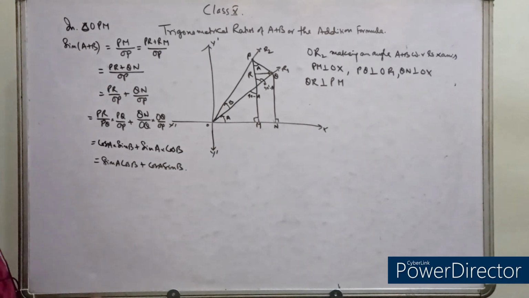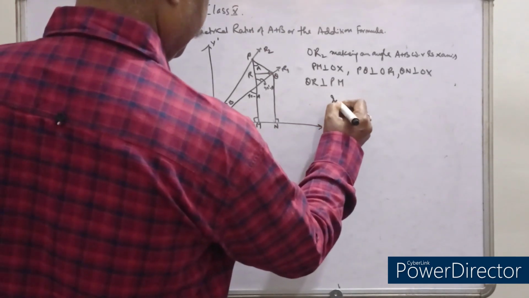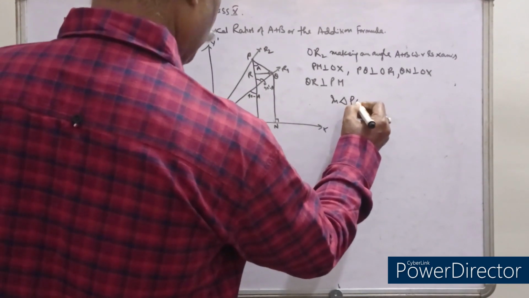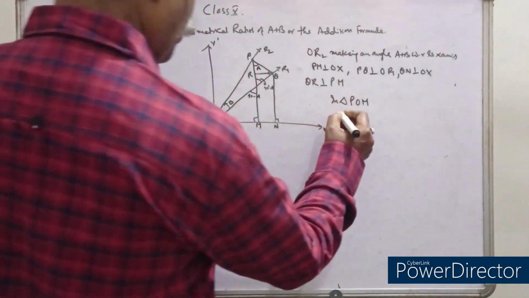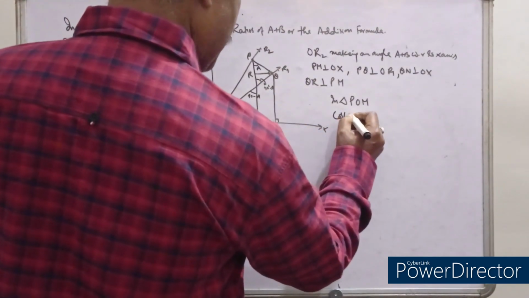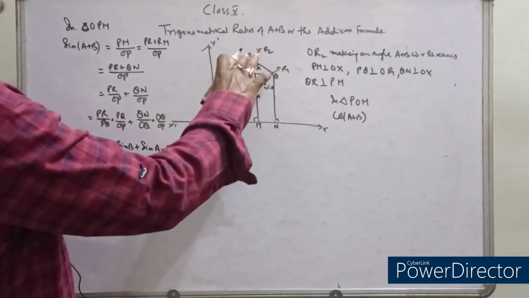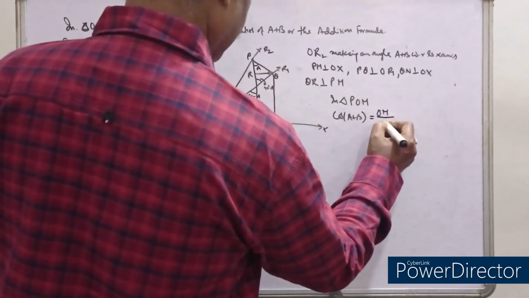Now cos, in the same triangle POM. Cos of A plus B is base by hypotenuse, equal to OM by OP.